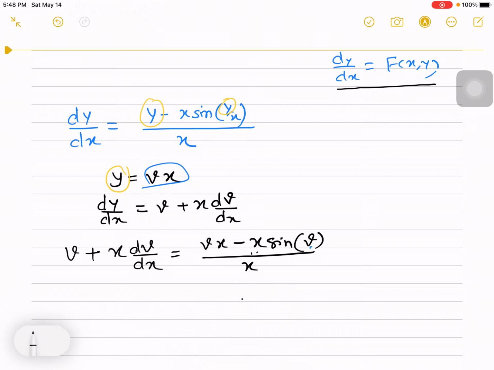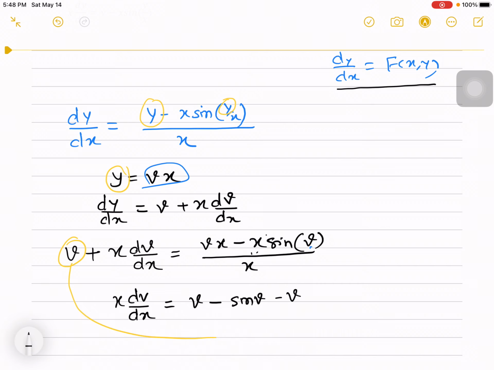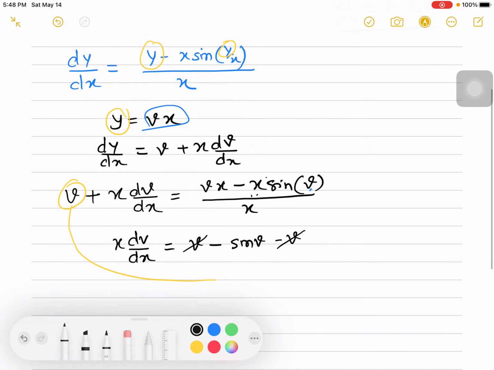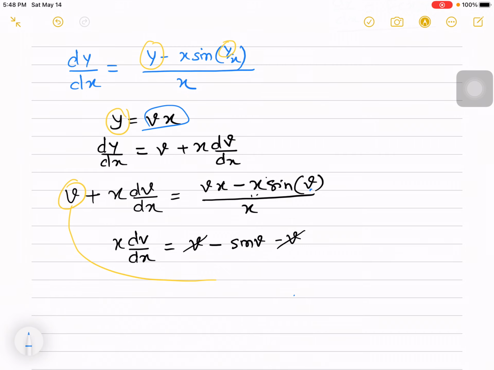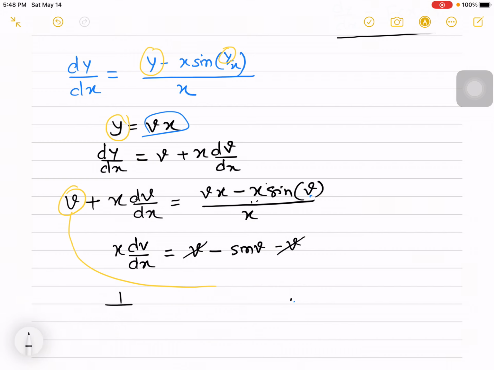After calculation we will get x dv by dx is equal to v minus sin v, and v will be shifted from this side to this side, then it will be minus v, and minus v cuts with plus v. Now we get a differential equation which is variable separable: 1 upon sin v dv is equal to minus 1 by x dx.